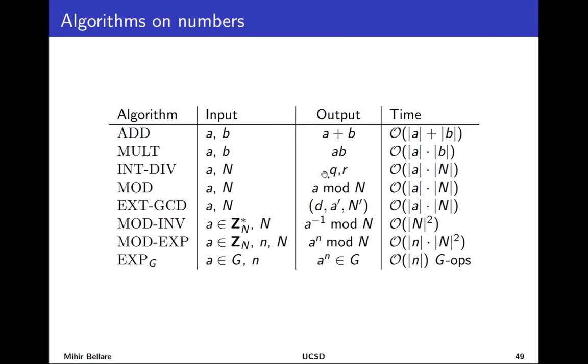Hi everyone, welcome back. So we started the study of number theory from a computational perspective. The motivation was the development of public key cryptography, which needed this rather different set of methods and tools relative to the symmetric crypto we studied earlier.